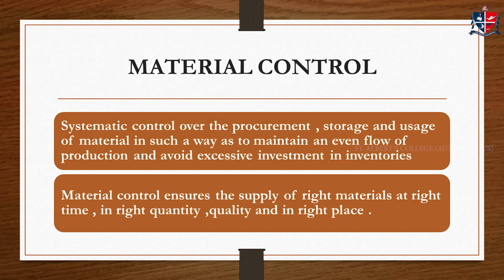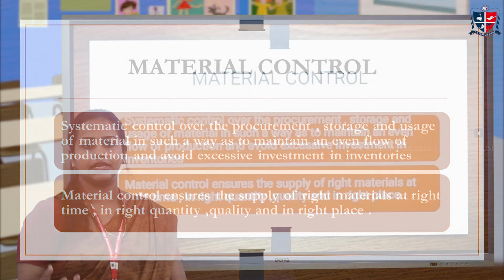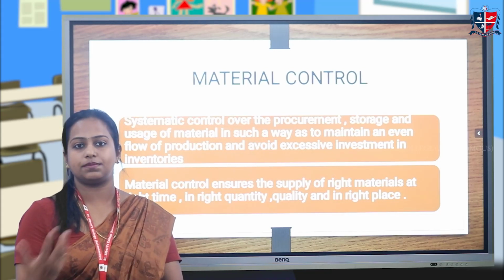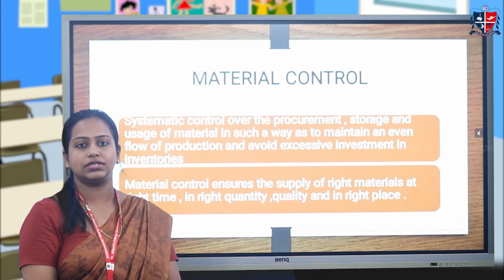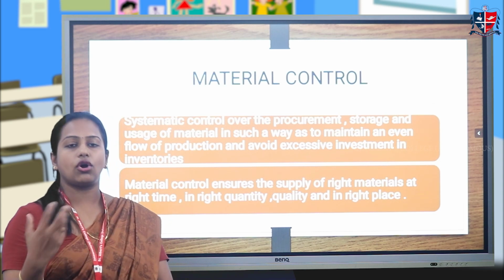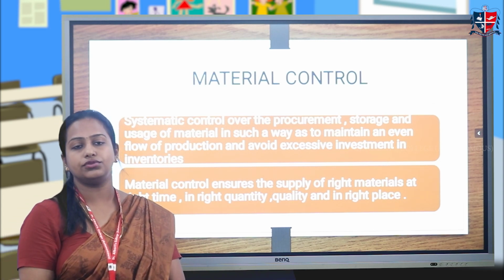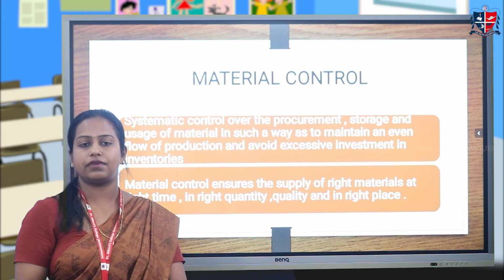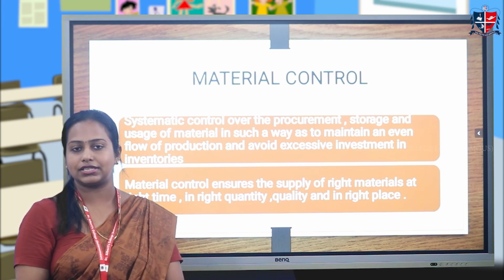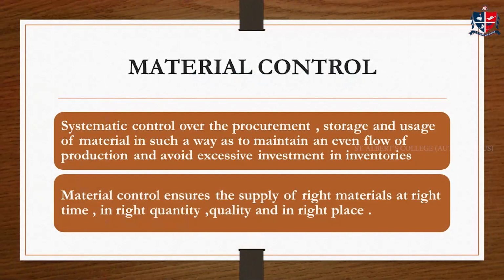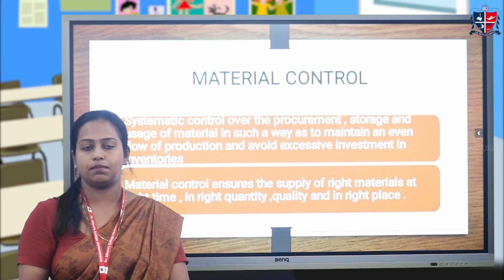When we discuss materials, an important concept you have to know is material control, because organizations, factories or production units need a proper material control system for the smooth running of their activities. With a proper material control system, there would be proper maintenance of the materials.